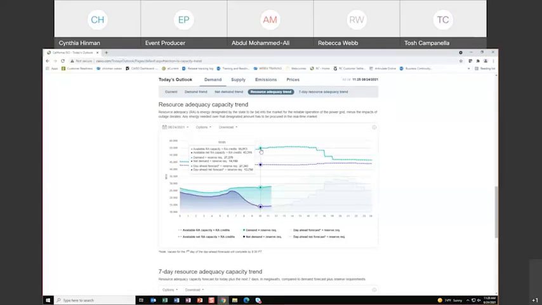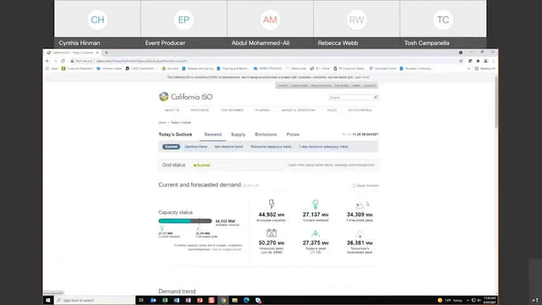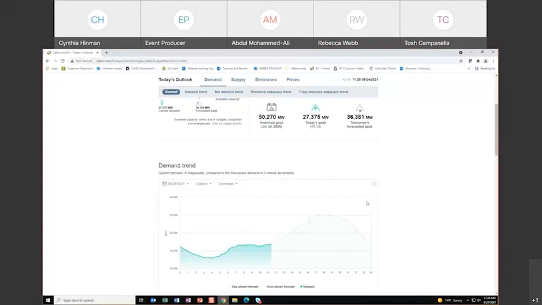Yeah, it says, is the available capacity referred to in the top part of today's outlook for current and forecasted demand chart the same as available RA capacity plus RA credits? I don't think we have RA capacity in those charts and the current and demand trends. Can you scroll up, Cynthia? We don't have those as far as I know.